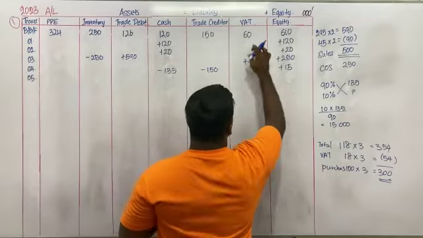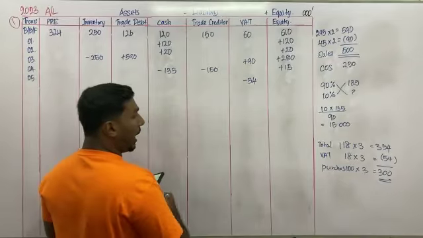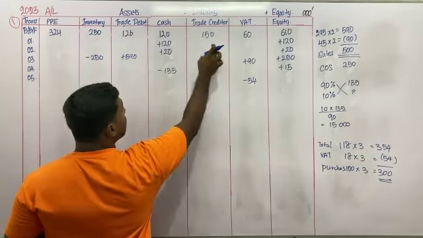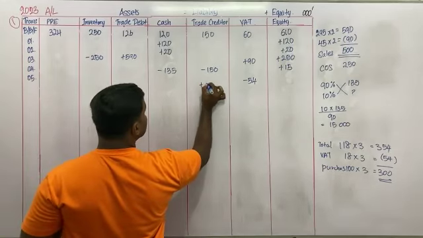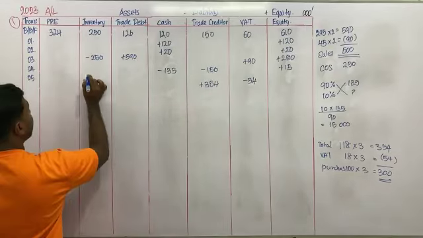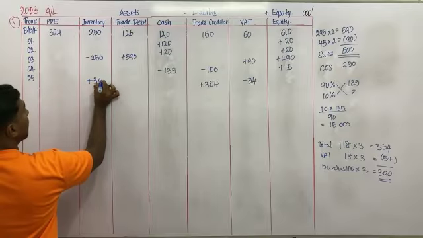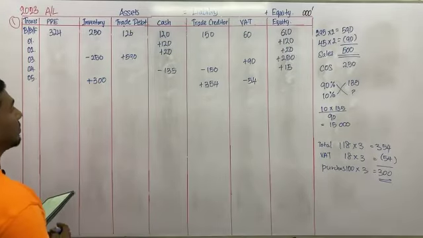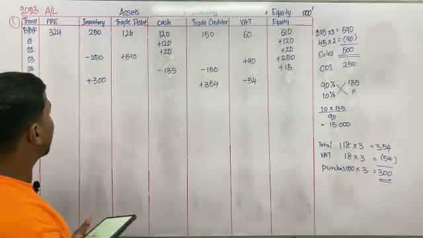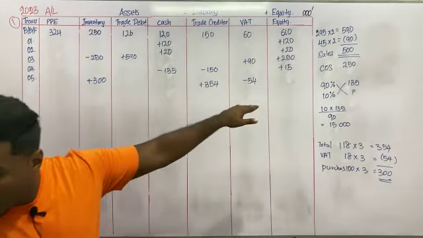Purchase VAT is minus 54, and we are purchasing on a credit basis, which means creditors plus 354, and inventory is plus 300. Plus 300. Okay, yes.